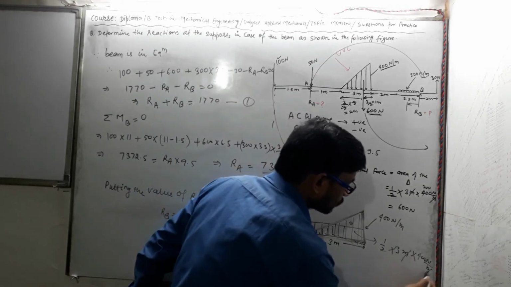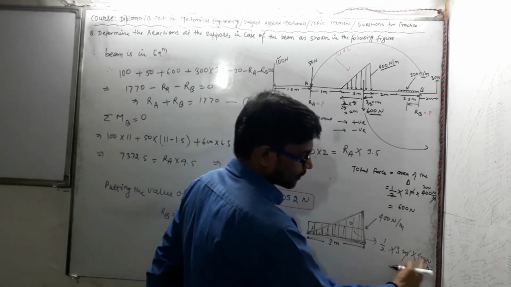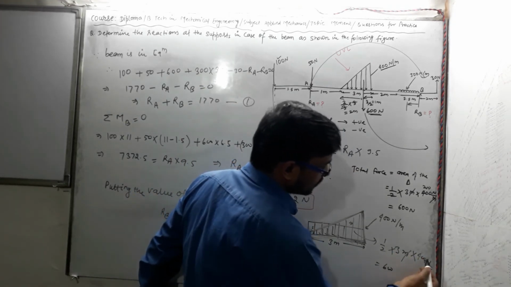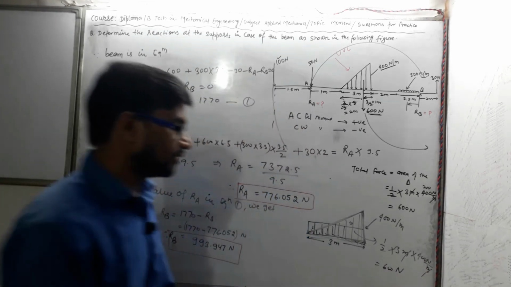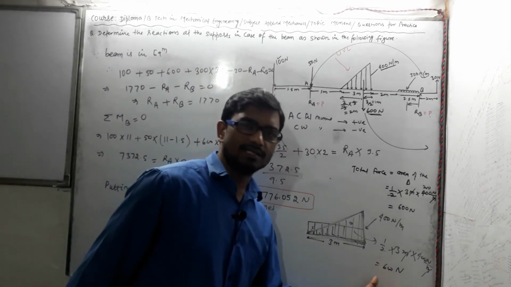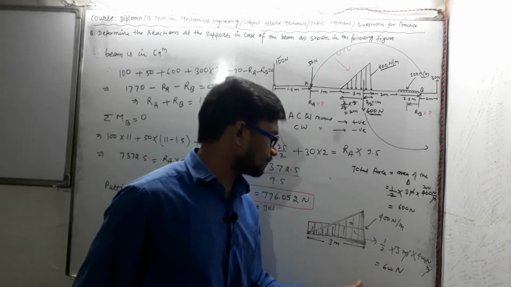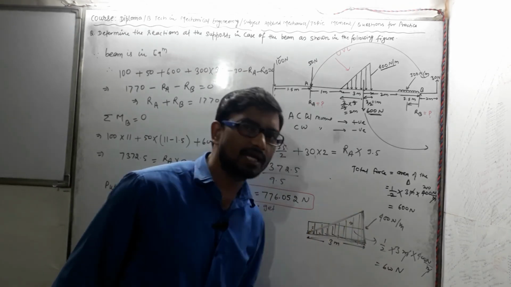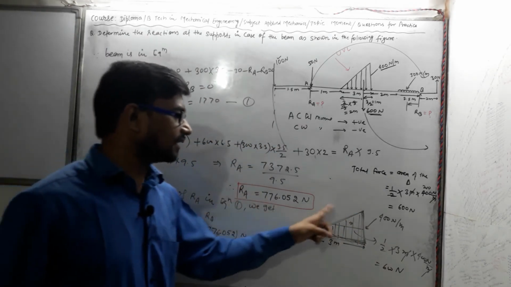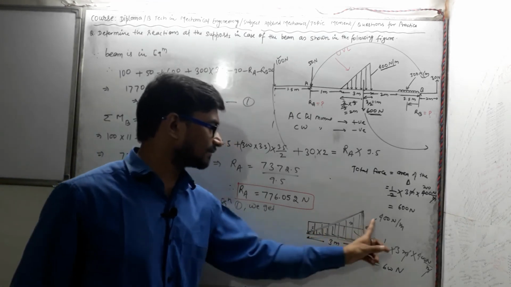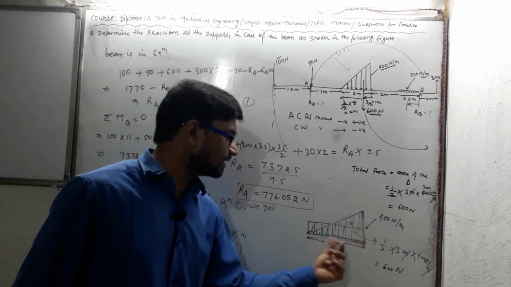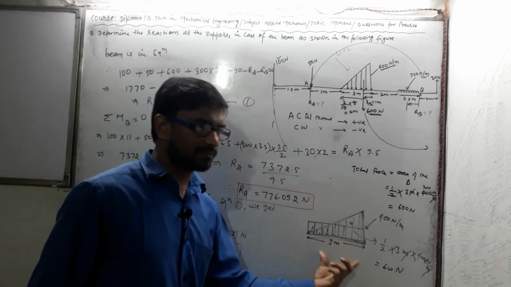So 400 multiplied by 3, 1200 divided by 2, 600, and the unit would be Newton. This indicates the total amount of force for a uniformly varying load can be calculated by finding the area of the triangle constituted by the loading intensity and the span length.